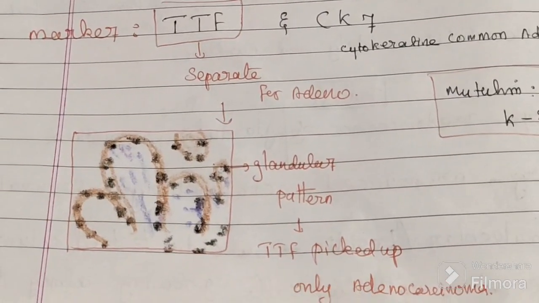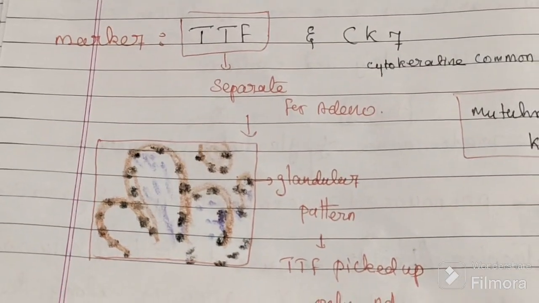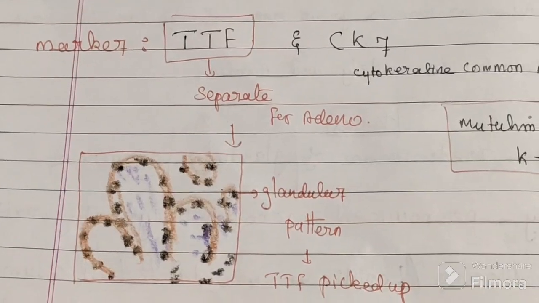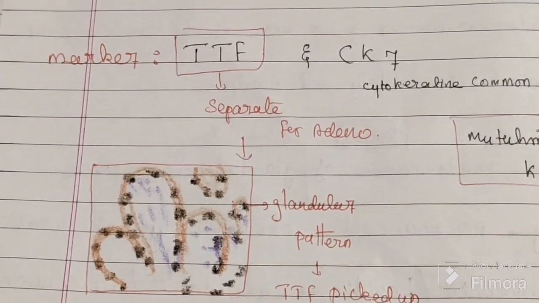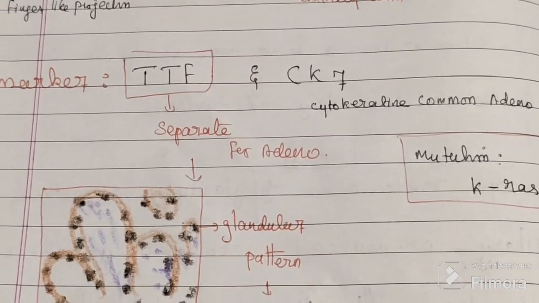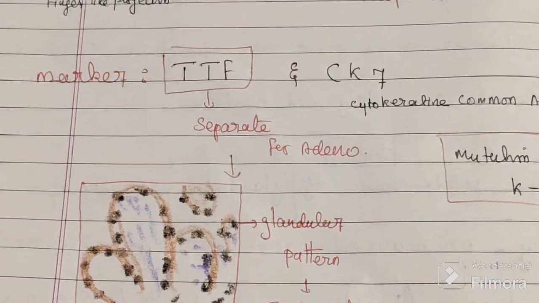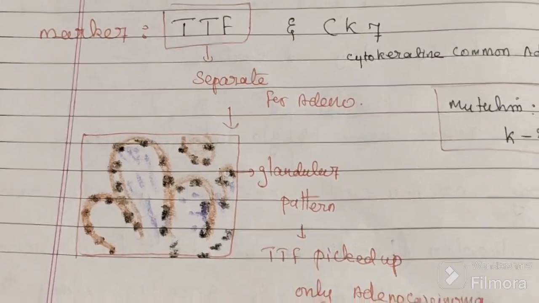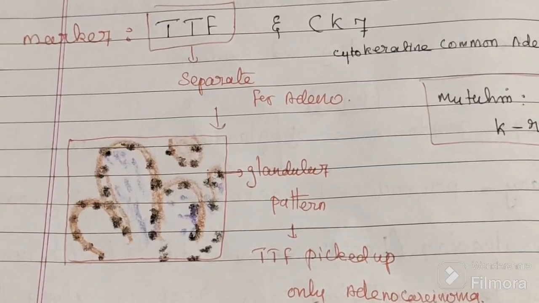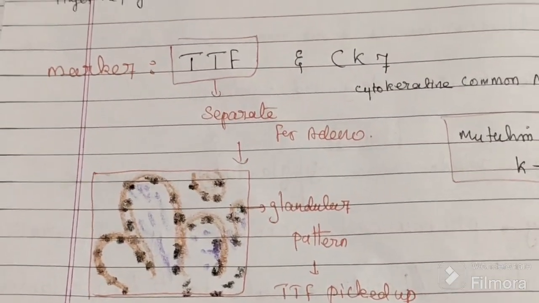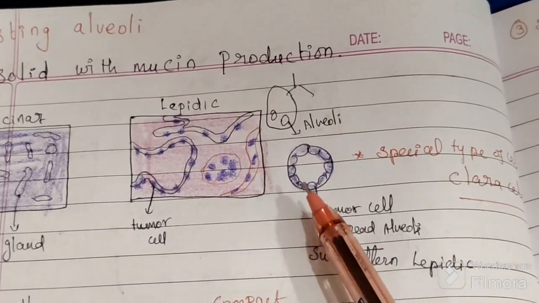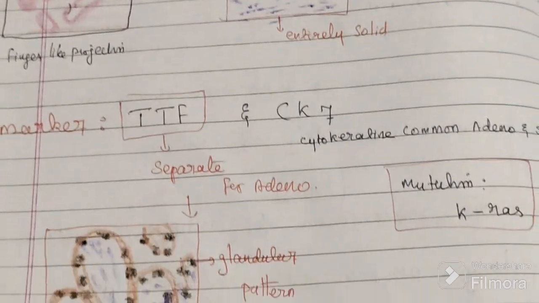This TTF marker liquid is spread over the slide. If it is this lepidic cell, it will pick up that marker. So TTF is picked up only by adenocarcinoma. Inside the alveoli, the tumor cell will pick up this marker.